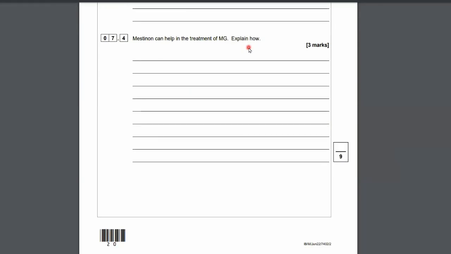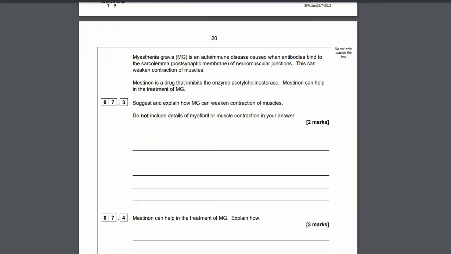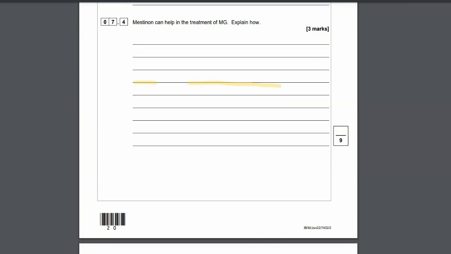We're now asked, why can this drug help in the treatment of MG? Explain how. Well, what did it tell us the drug does? The drug is an inhibitor of acetylcholinesterase. If you inhibit acetylcholinesterase, they're essentially asking you, what does acetylcholinesterase do?